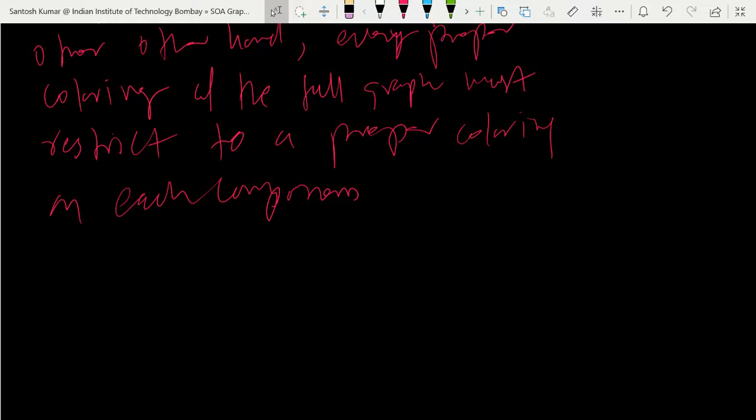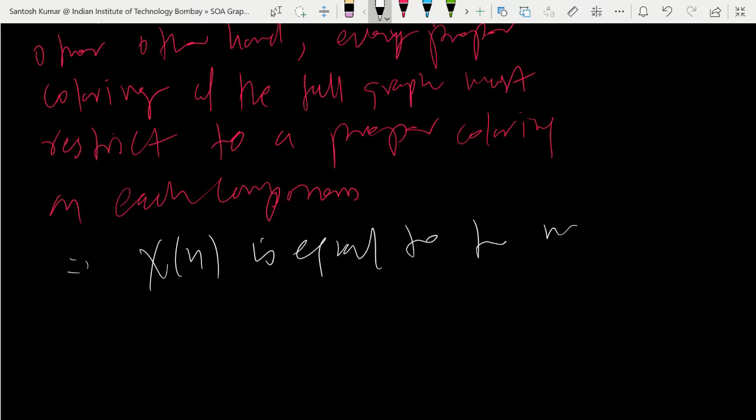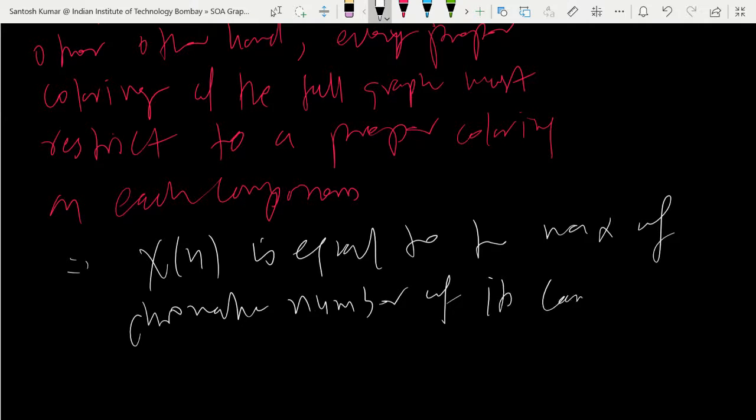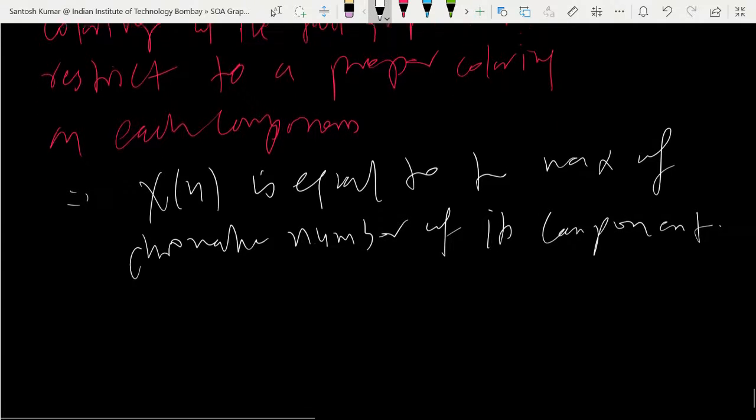So we can simply say, therefore, the chromatic number of G is equal to the maximum of the chromatic number of its components. Okay.